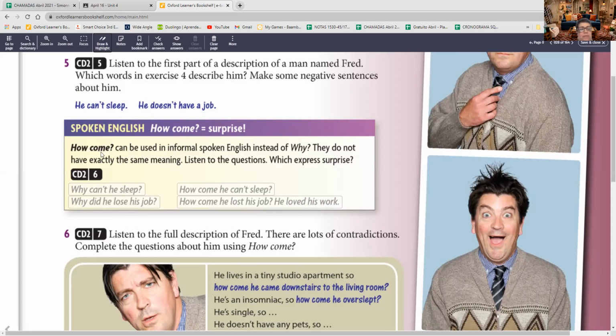Look at the box. How come can be used in informal spoken English instead of why. You see? So this is very important. Informal spoken English.